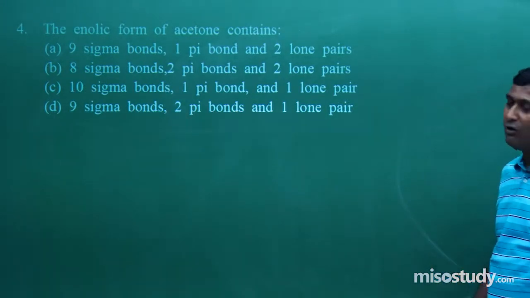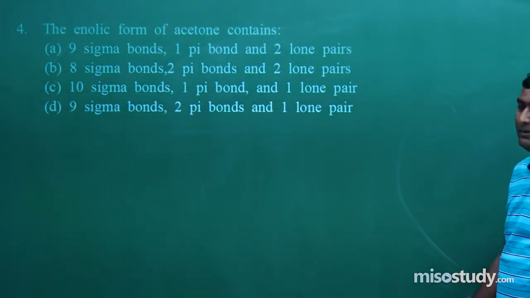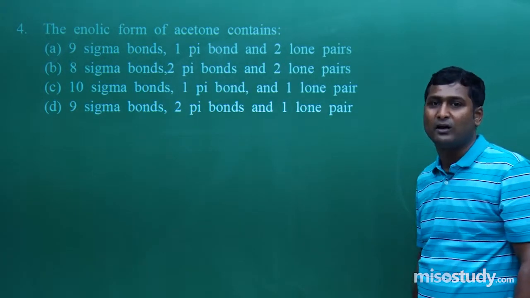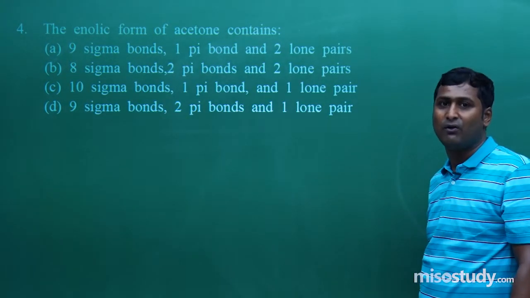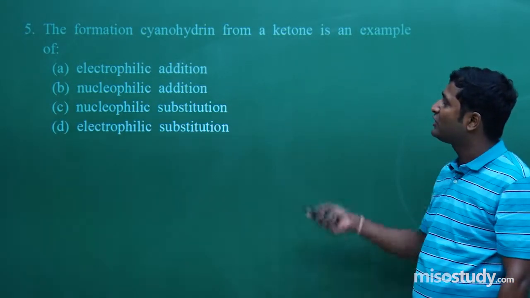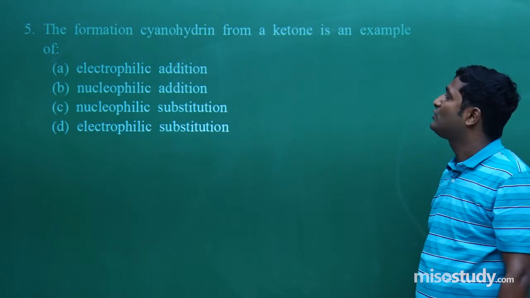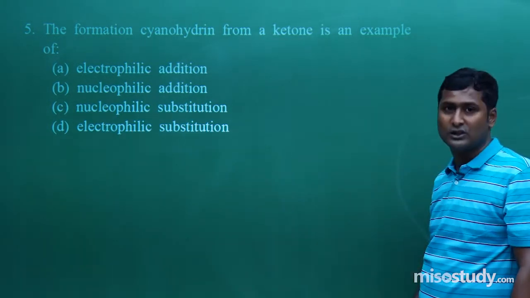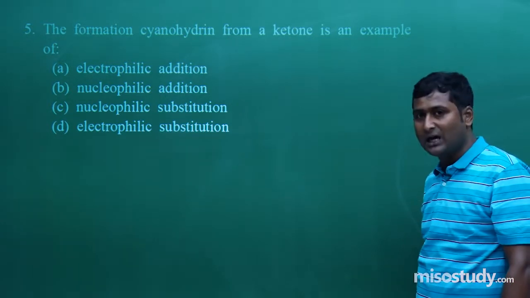For question number 4, that is enolic form, 9 sigma, 1 pi and 2 lone pairs of electrons. Therefore for question number 4, A is the correct option. For question number 5, the formation of cyanohydrin from a ketone is an example of nucleophilic addition. So for question number 5, B is the correct option.